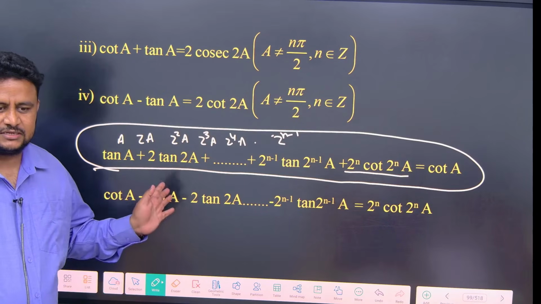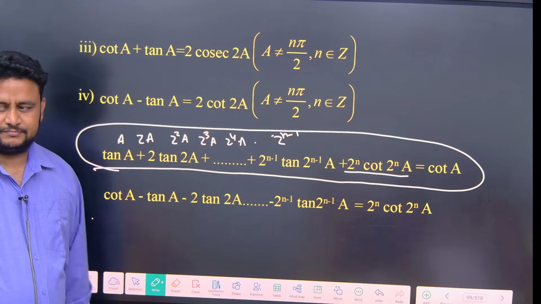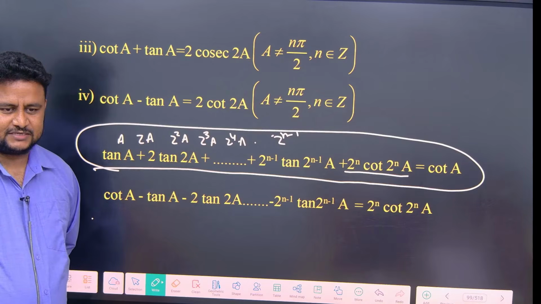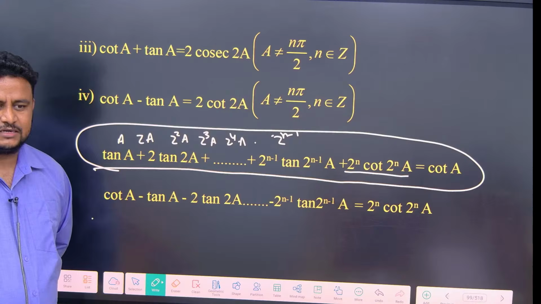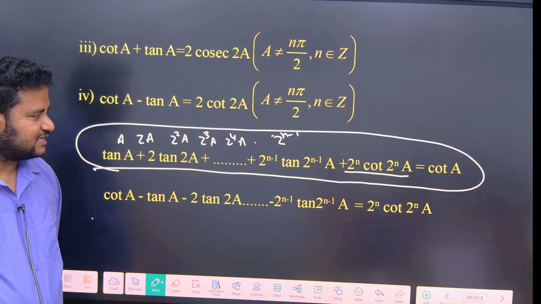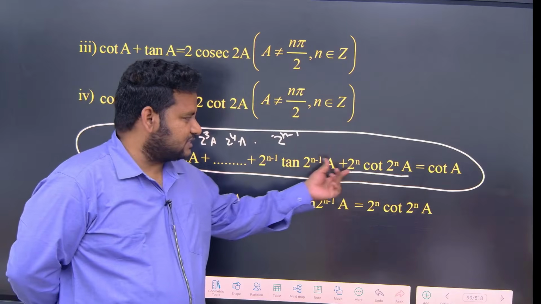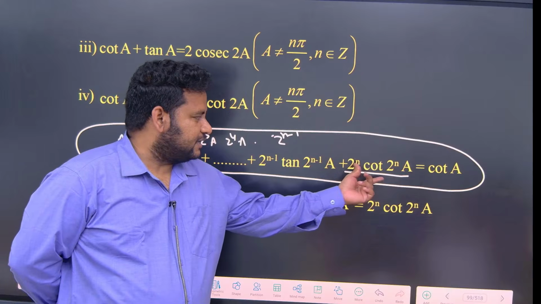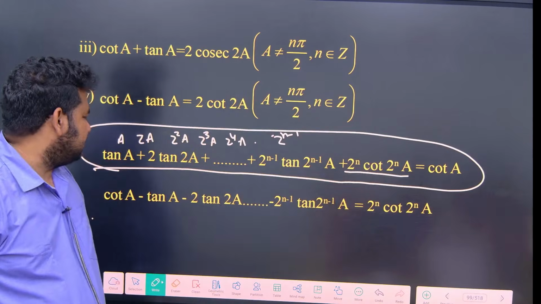That is, it goes in what progression? Geometric progression. First term is 1, second term is 2, it goes on like this. What is R here? But the last term will be 2 power n cot 2 power n A.